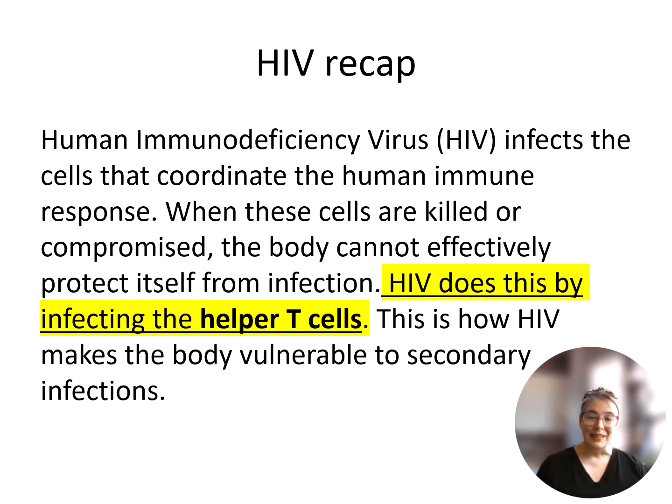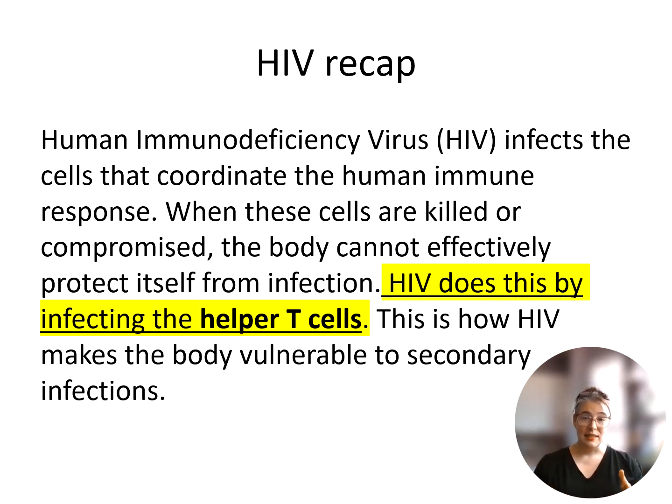So here's just a little bit of a recap because I don't expect you guys to be an expert, but HIV infects the cells that coordinate the human immune response. Remember I mentioned HIV attacks your immune system?